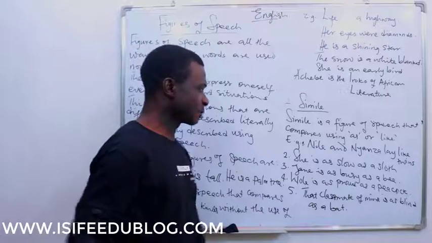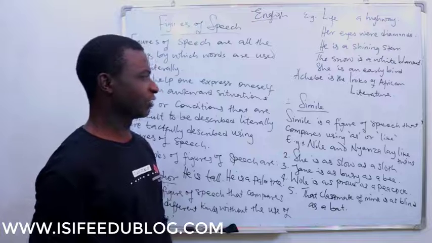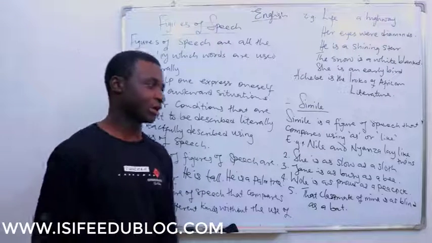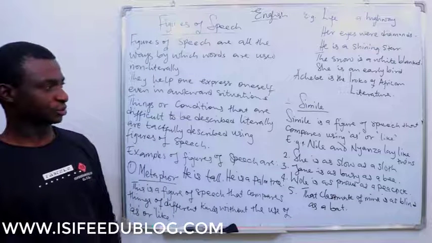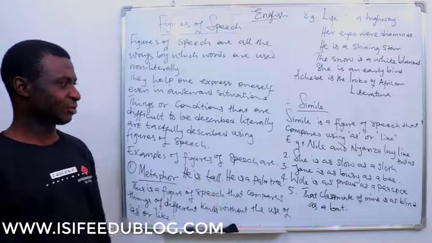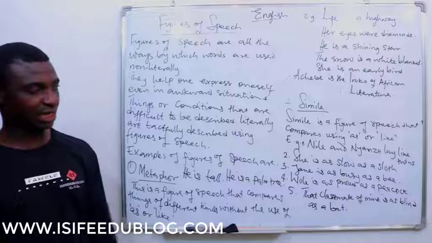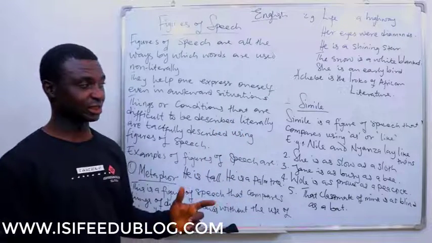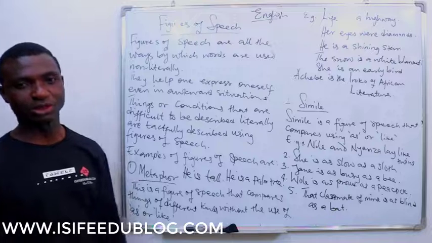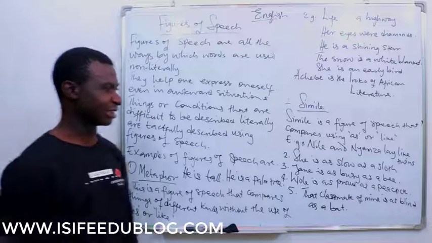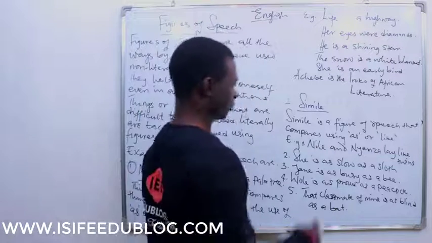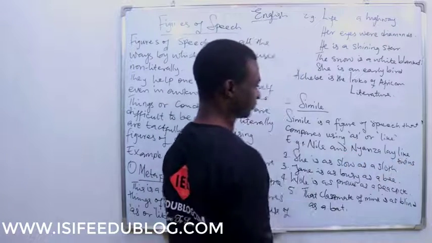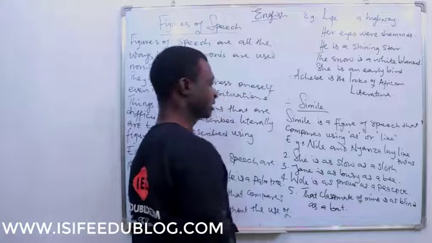So simile is a figure of speech that compares using as or like. So that's why we said it is longer, because when you bring in as, you're going to mention what that thing behaves like or as. Nile and Nyanza lay like twins. Alright?